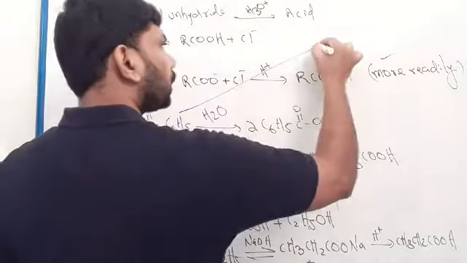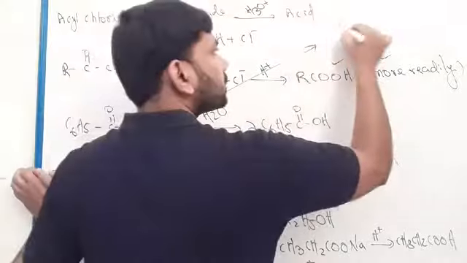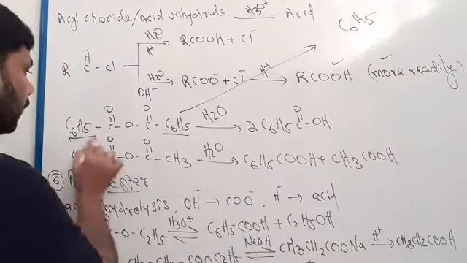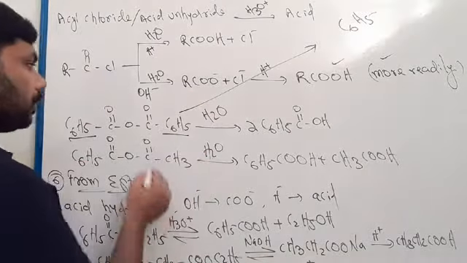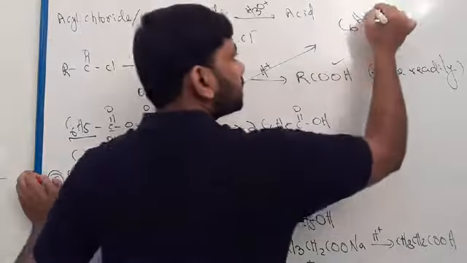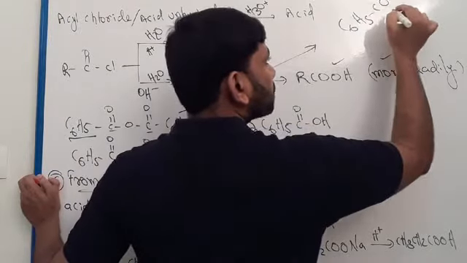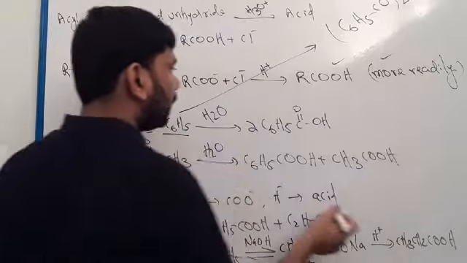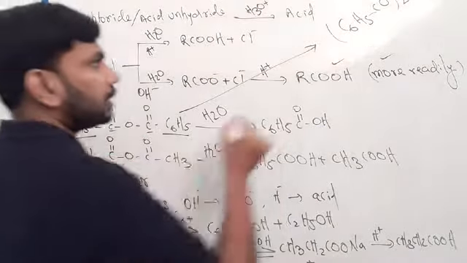This one, shortly, you can write like this: C6H5. Look here, C6H5 is coming 2 times, and carbon double bond oxygen is also coming 2 times. So C6H5CO, CO meaning carbon double bond oxygen, twice, and 1 oxygen.